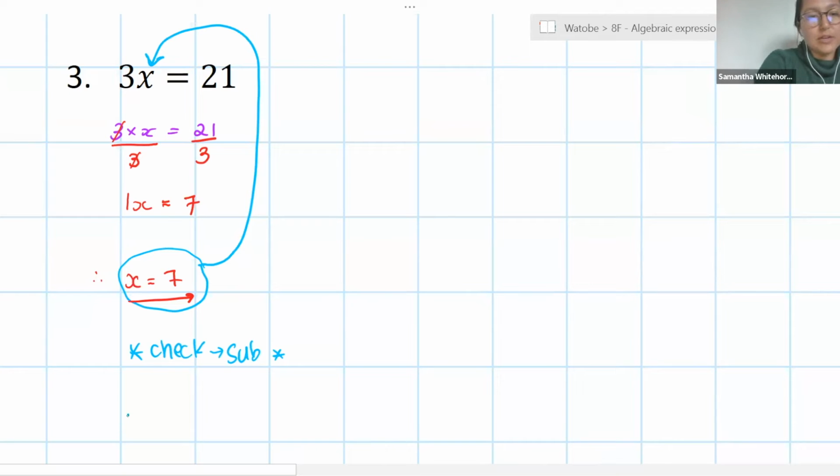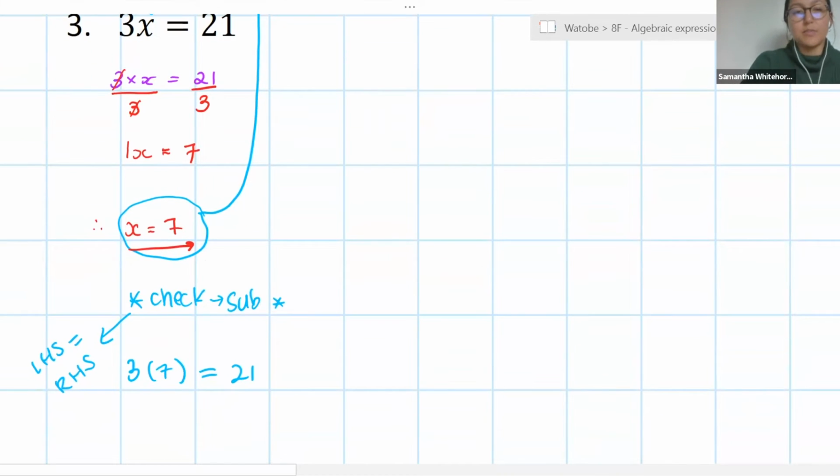So if I said 3 times 7, I want to check that the left-hand side is equal to the right-hand side, because remember, that's what an equation is. It's balanced, they're equal. Now, if I do that quick multiplication, we know that 3 times 7 is 21, and 21 is definitely equal to 21.